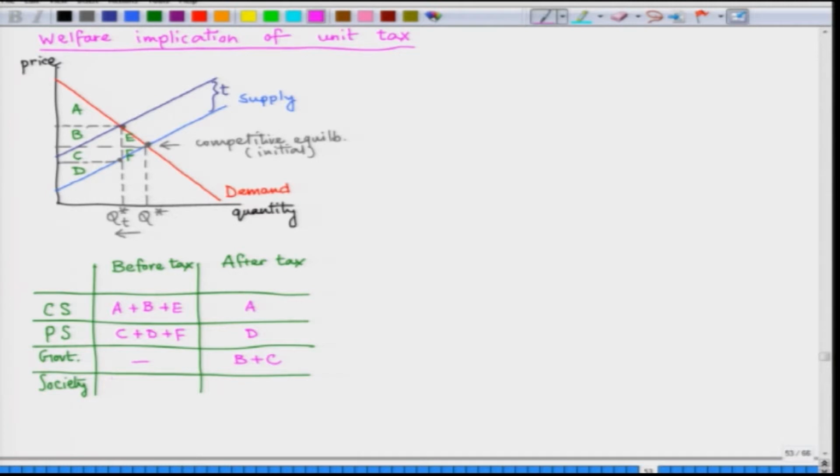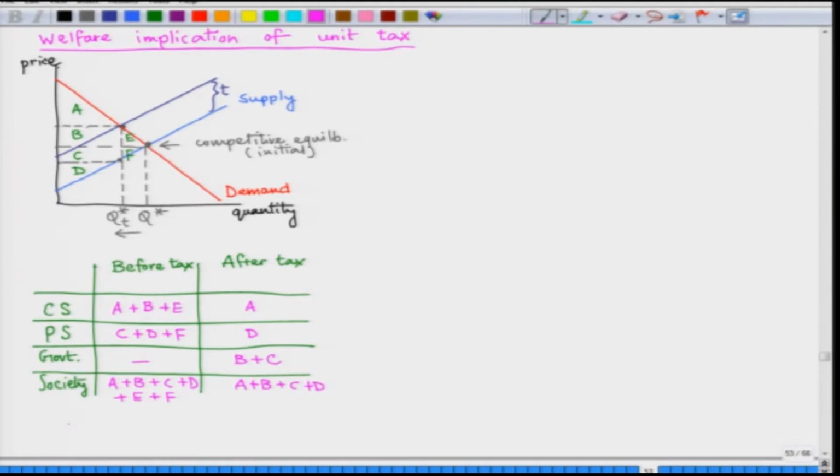So, previously before the tax imposition we had society's total welfare equal to A plus B plus C plus D plus E plus F, and now after tax imposition it has reduced to A plus B plus C plus D, right.